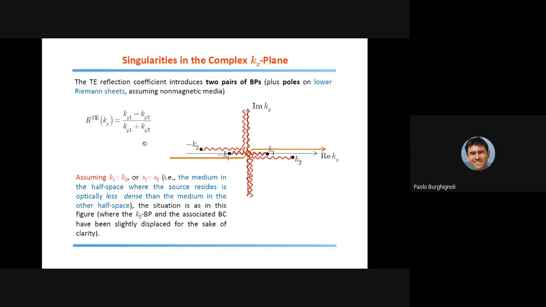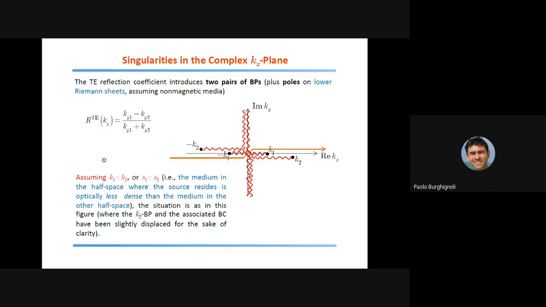And in addition, there would be also poles. However, it can be shown that the TE poles are on the bottom Riemann sheets, and they do not enter in this formulation. So we don't need to take care of poles.